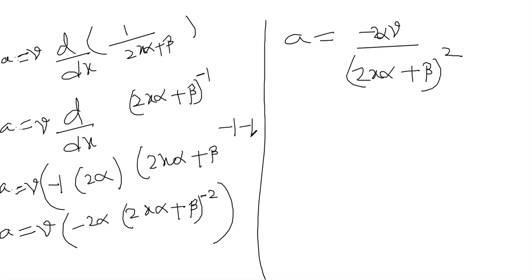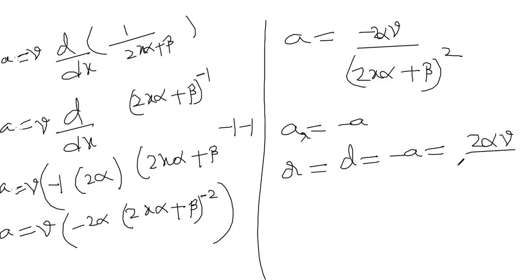Now our retardation they are asking. Retardation is nothing but minus acceleration, minus A. So that is only called R, the deceleration. This is 2 alpha V by 2x alpha plus beta whole square. Understood? Is it clear?